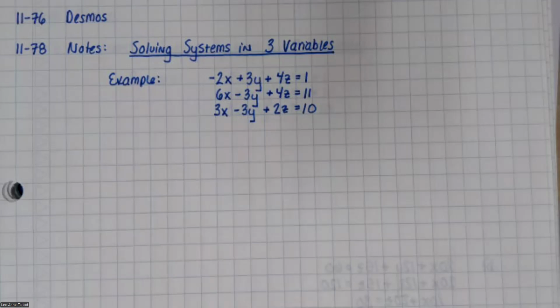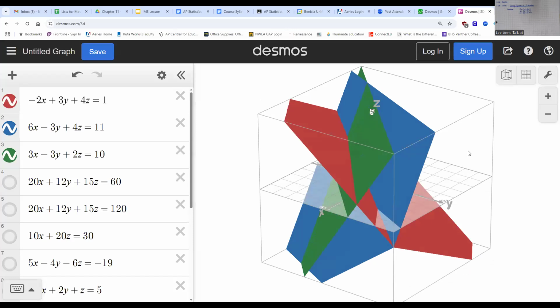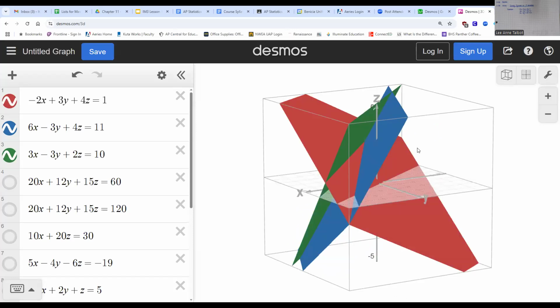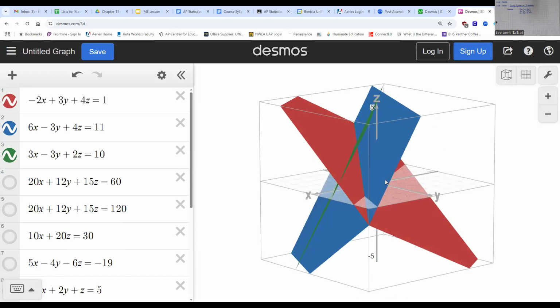Okay, now I'm gonna put that Desmos back up. And I want you guys to, this is a visual exercise, not the math problem 78 is not going to be a visual exercise, that's going to be elimination method, but this number 76 is a visual exercise, and what I want you to do is try to find the point of intersection.